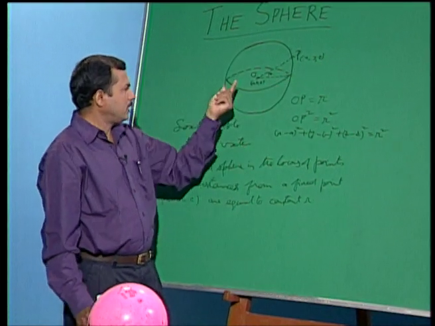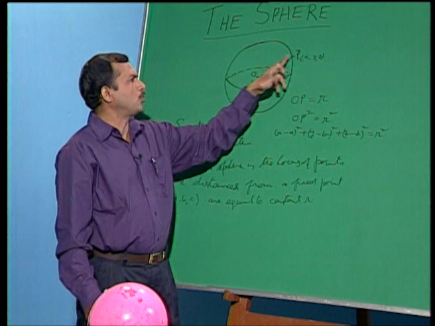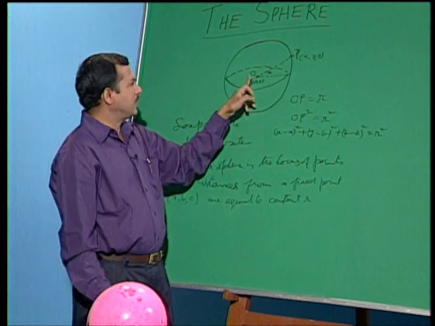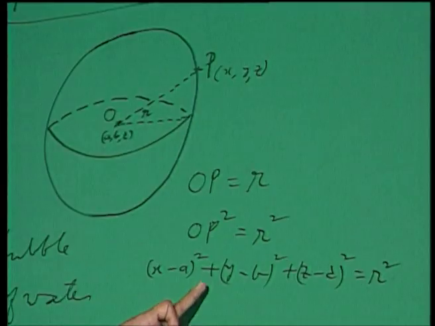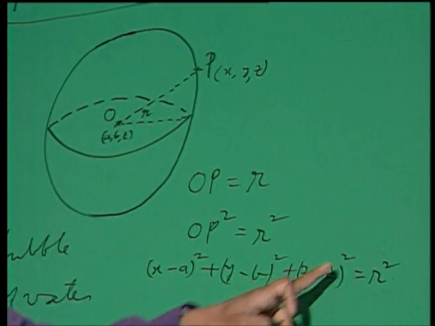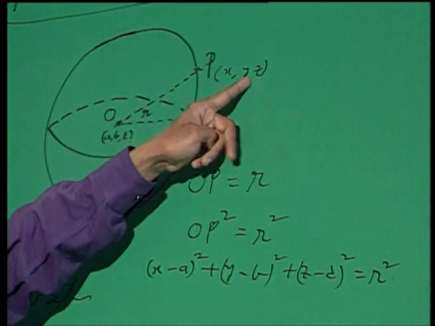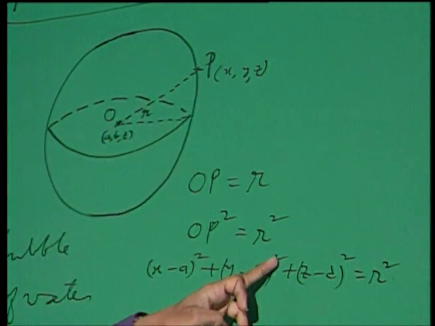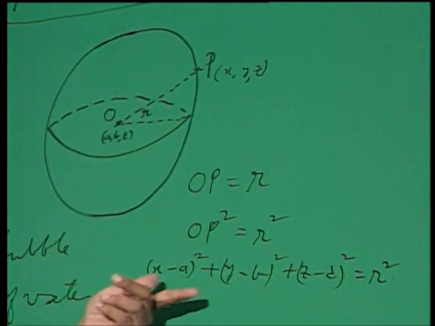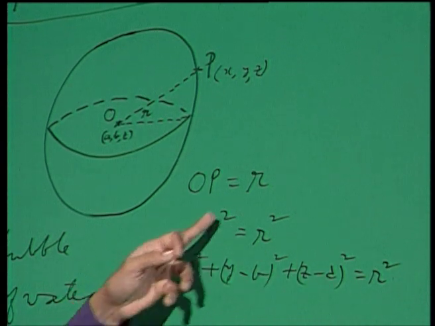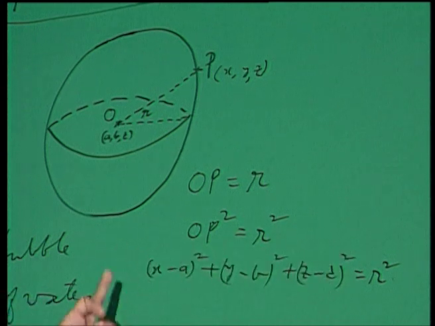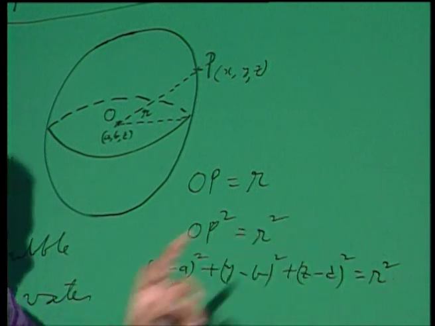We know the Euclidean distance between these 2 points is the length of the line segment OP, that is square root of (x minus a) whole square plus (y minus b) whole square plus (z minus c) whole square. Take the difference of corresponding coordinates, take their squares and add them. And if we take the square root of this, it becomes OP, because we have OP square, here that square root will not be there.